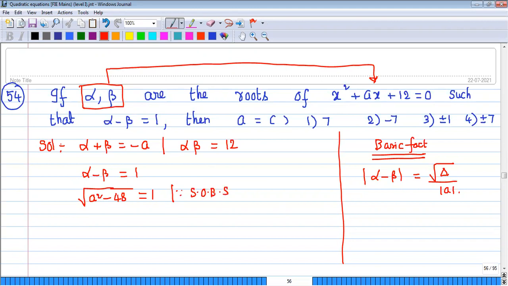Squaring on both sides, you get a square minus 48 equals to 1. Obviously a square equals to 49. A will be square root of 49, so we get plus or minus 7, because plus 7 square is also 49, minus 7 whole square is also 49. So we get A is equal to plus or minus 7. Fourth option is the right option.